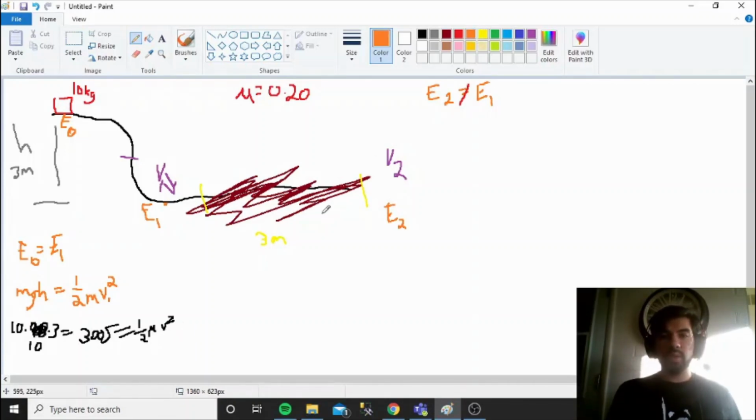So then v equals the square root of 2 times 300 divided by 10. The square root of 60 would be something slightly less than 8. Let me give you a good answer right now. 7.75.